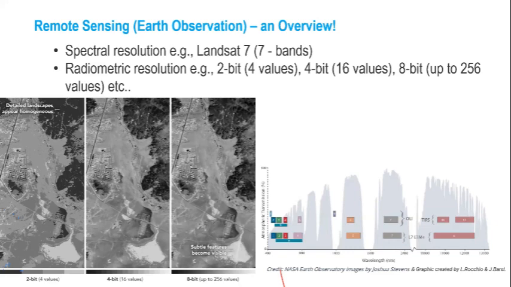The difference between these is that the 2-bit image may only have 4 values. So that means it will cluster all features. For example, it will say this is all vegetation. Because there is reflectance on a specific pixel, it may be closer to the other one, but because the radiometric resolution is very low, 2-bit, it will merge the two that are close to each other.